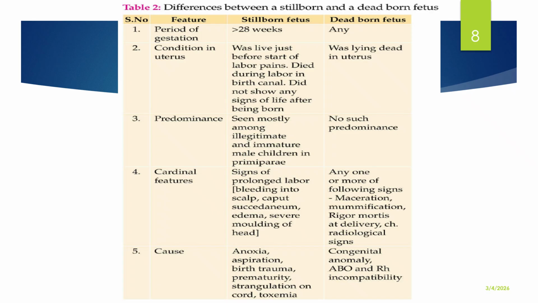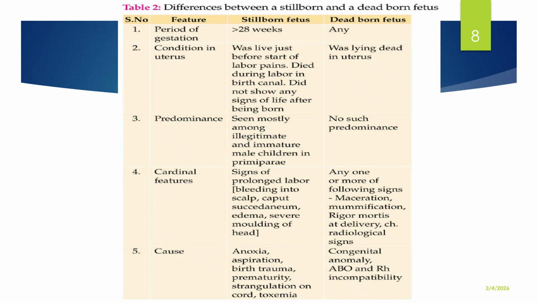The predominance in stillborn is seen mostly among illegitimate and immature male children in primipara, whereas in deadborn, no such predominance is seen. Cardinal features of stillborn are signs of prolonged labor, bleeding into the skull, caput succedaneum, edema, and severe molding of the head.